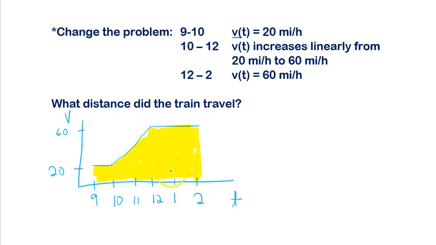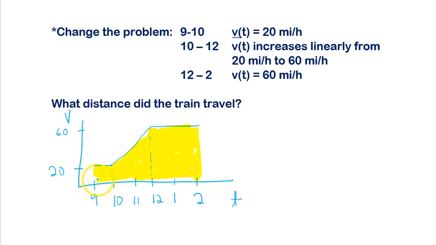But you can separate it into things that you do know. So I'm going to draw some little dotted lines right here and right here. Because these three shapes, when I look at them separately, are things I know. The first one is a rectangle, the last one's a rectangle, and the middle one is a trapezoid. It's just turned sideways from what you're probably used to looking at in your geometry studies.